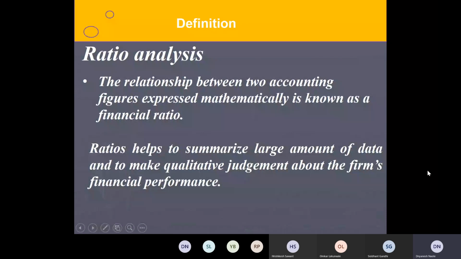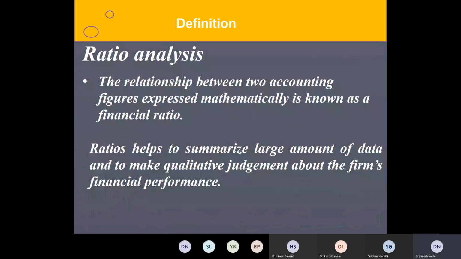Ratio, as we all know, is a term which relates two things. Those two things are nothing but items of the balance sheet or profit and loss account, and their relationship will help you know the position of the firm in that particular domain.